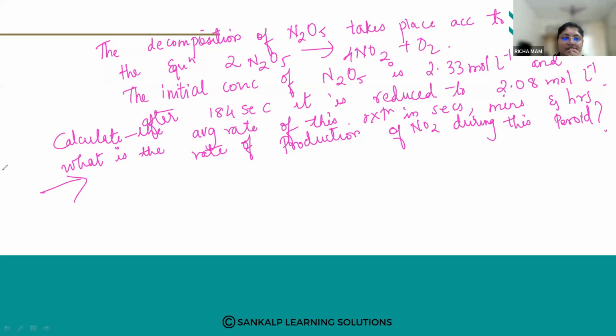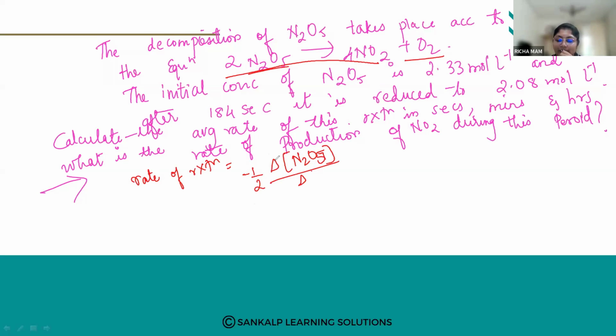So from this reaction, the reaction is given: 2N2O5 giving you 4NO2 plus O2. So what is the rate of reaction? First write the rate of reaction. The rate of reaction is the change in concentration of the reactant, that is minus half delta concentration of N2O5 divided by time.